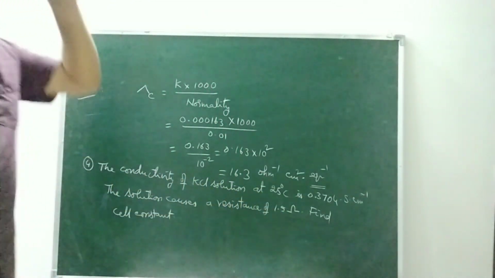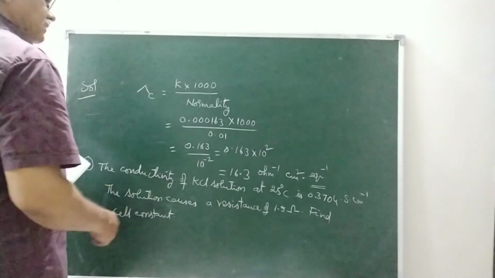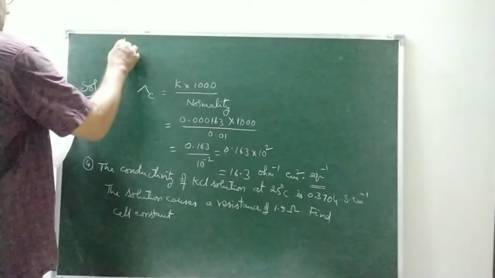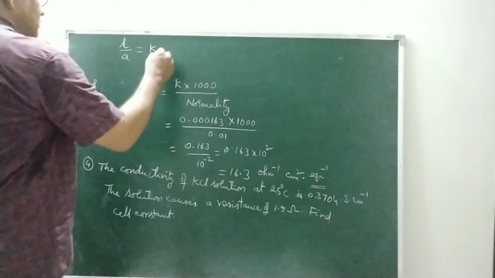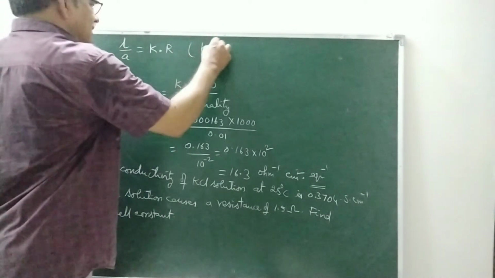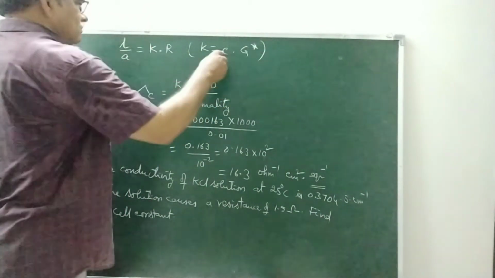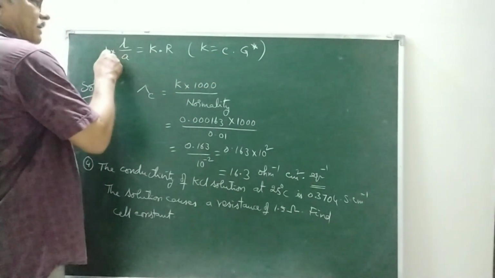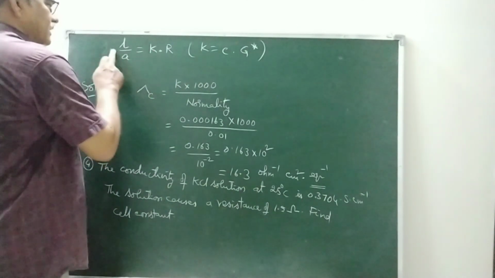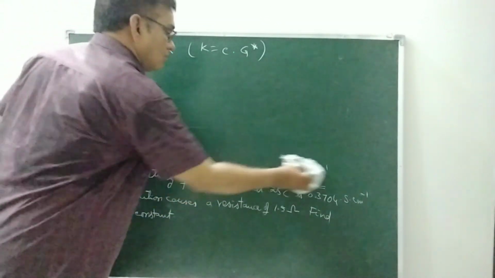We have already gone through the formula: 1 by R is equal to K into A by L; cell constant L by A is equal to K into R, or K is equal to C into G star, where C is equal to 1 by R and G star is equal to L by A. So what is given?